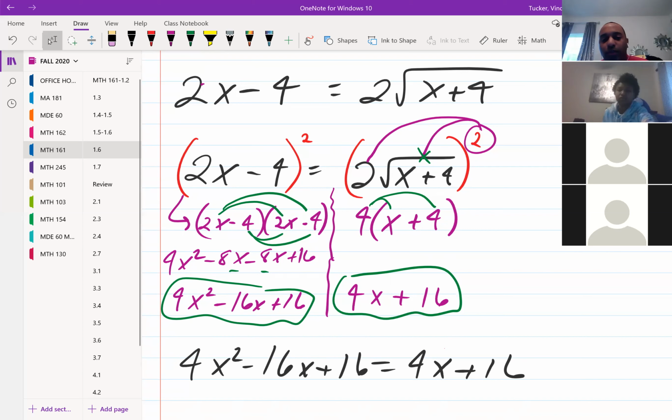Yep, so you would distribute the 2x and then distribute the negative 4 into the other parentheses. And the other one is 4 times x and then 4 times 4. So it'd be 4x plus 16.